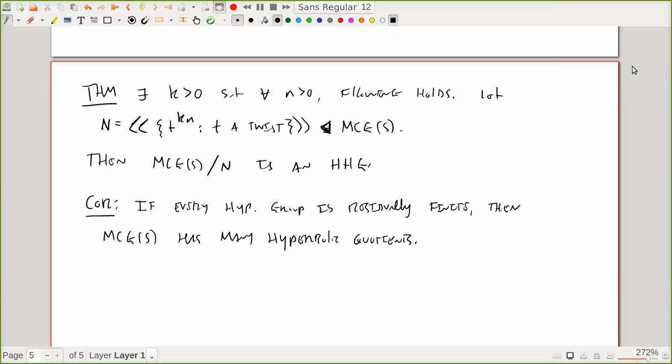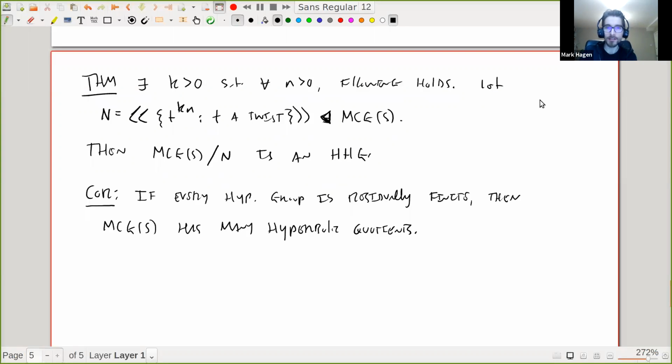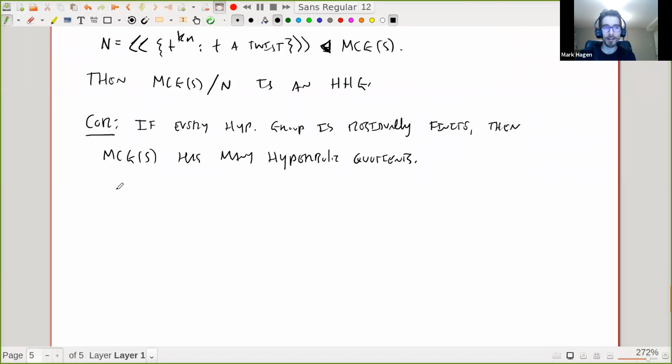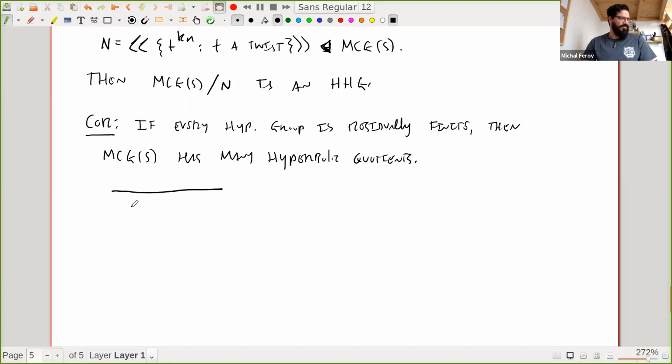So do you have maybe an example of an X when you're looking at a product of CAT(0) cube complexes? So maybe just for Z squared. Right. That's a good question. Let's do it for Z squared.